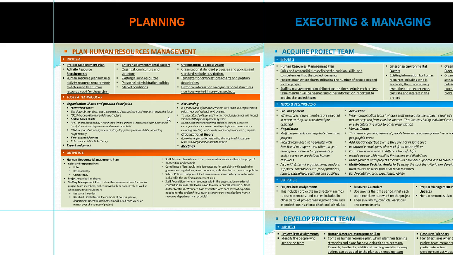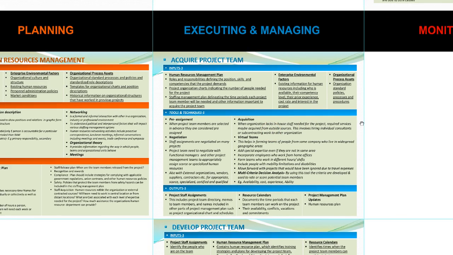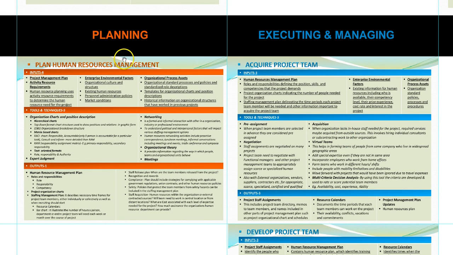Where are we going to get these people? Do we already have these people in our company? Do we have to hire them? Are we going to hire them full-time? Are we going to hire them on contract? So all that is going to go in your planning documentation. And once you get done, your output is going to be a human resource management plan. Get it? And obviously it's in the planning process group.